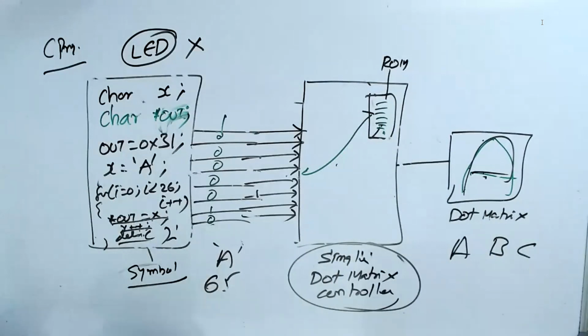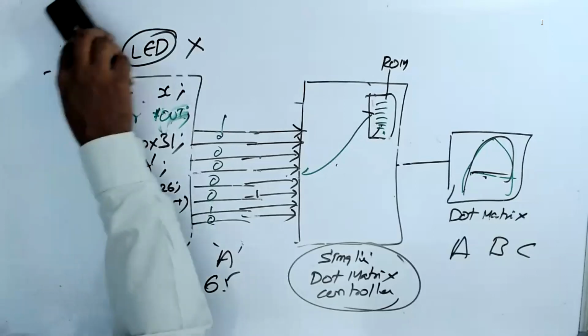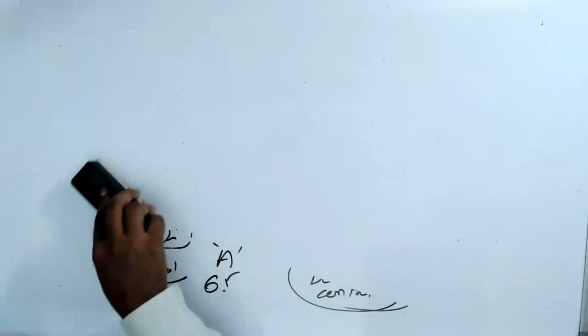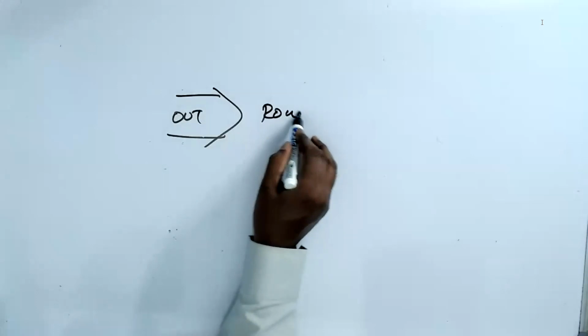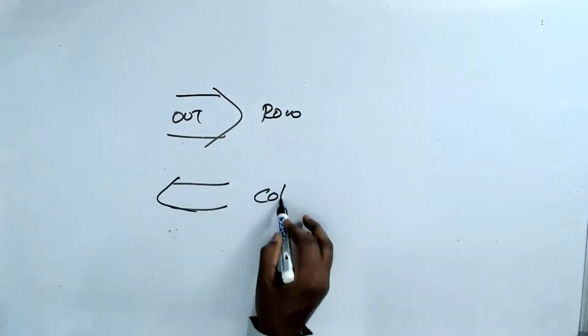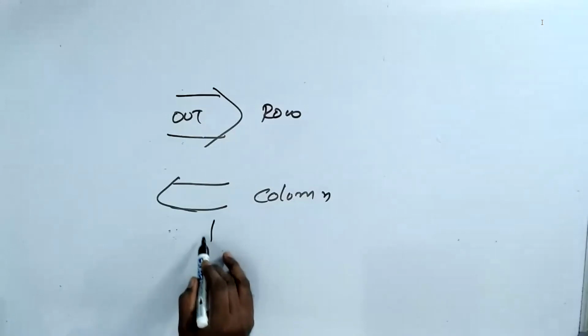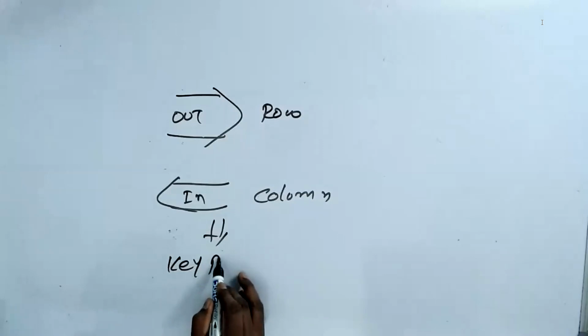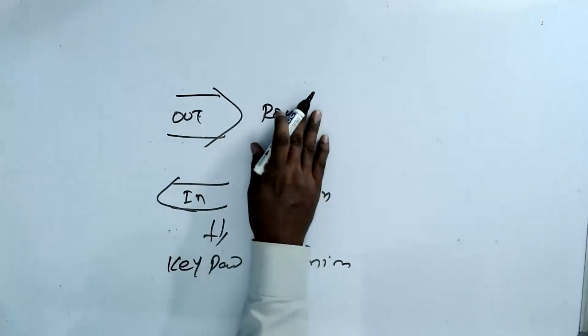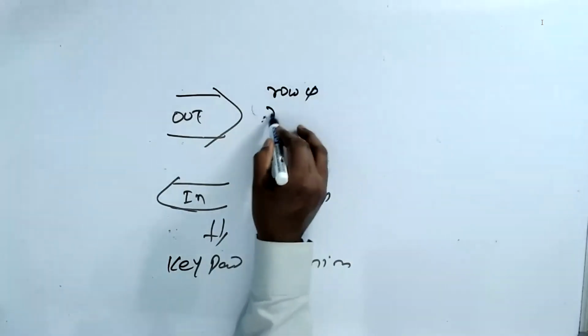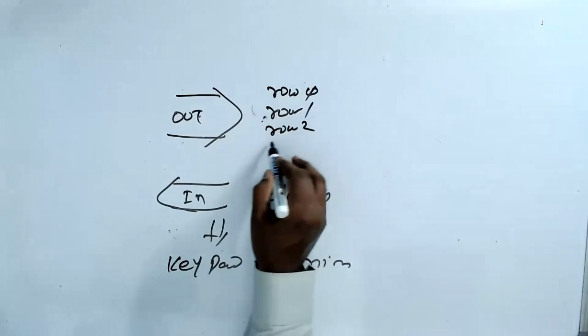Those are the things. So please understand, dot matrix and keypad are two unique things. In the keypad, you have row as an output, column as an input. This is called keypad scanning. You output row one by one. Row 0 first, row 1, row 2, row 3.